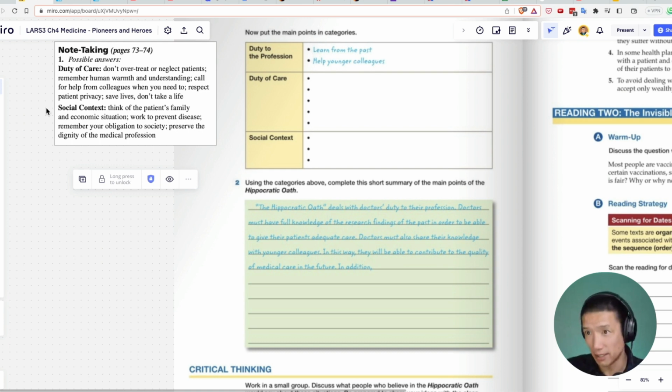Okay. In terms of social responsibility, doctors should think about patients' families and economic situations. They should always work to prevent diseases rather than cure them all the time. Remember your obligations, doctors. So now we're using that third person, right?